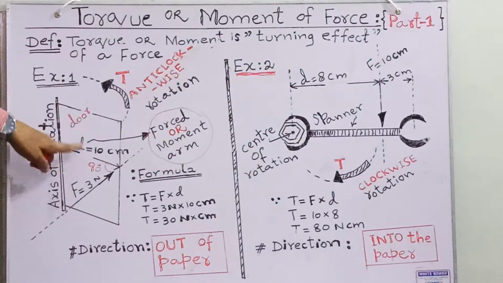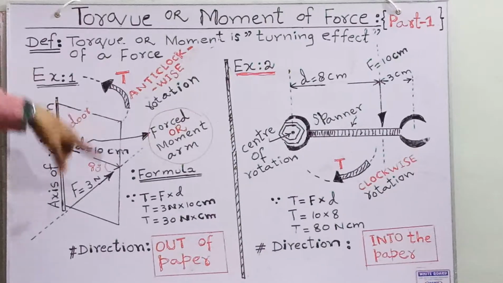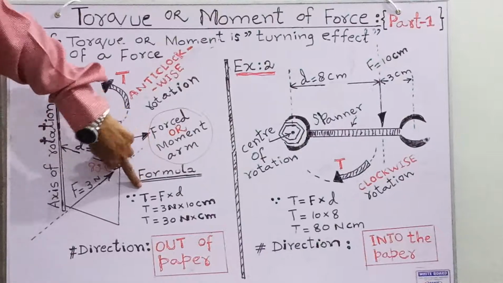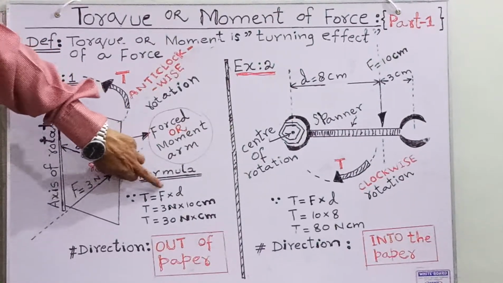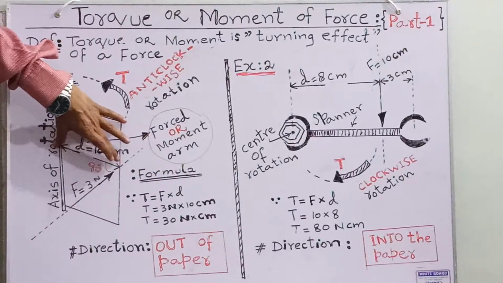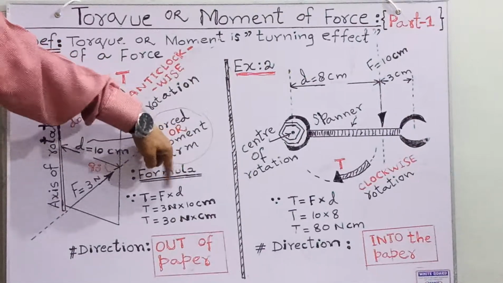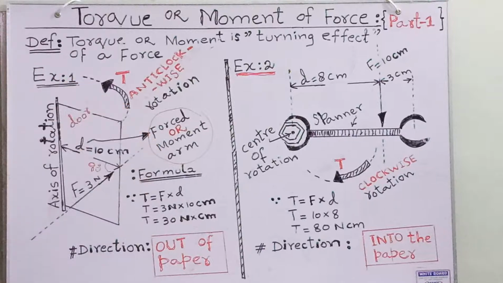The product of these two quantities gives the magnitude of torque or the moment of force. Hence, torque or the moment of force is the product of the force applied and the perpendicular distance, the force arm or moment arm d. This expression gives the value of torque or moment.